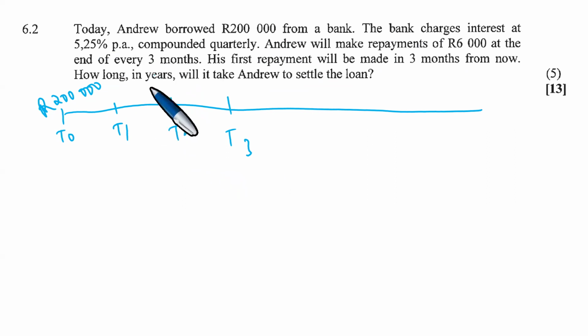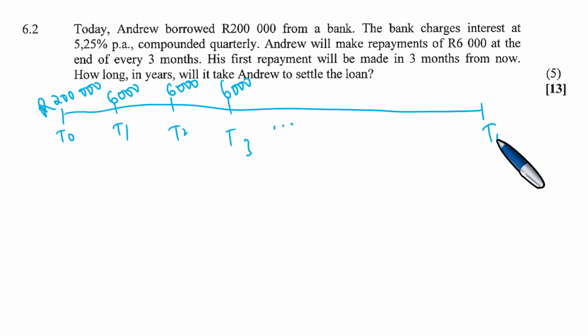So this interest is charged every quarter, every 3 months. But Andrew will make the repayment of 6,000 at the end of every 3 months. So a 3-month period starts and ends, and then he pays 6,000. Then another 3 months starts and ends, and then he pays another 6,000, and so forth. And this goes on.